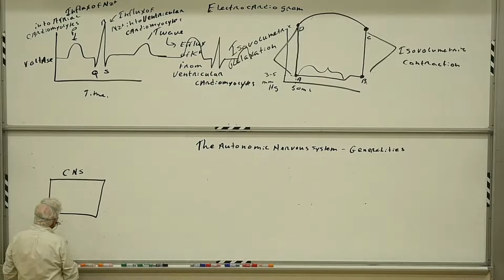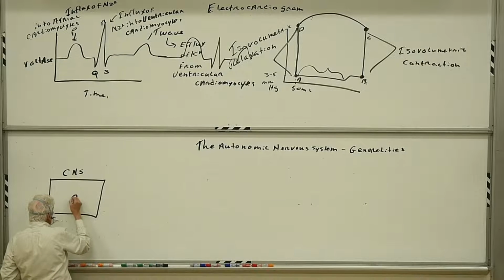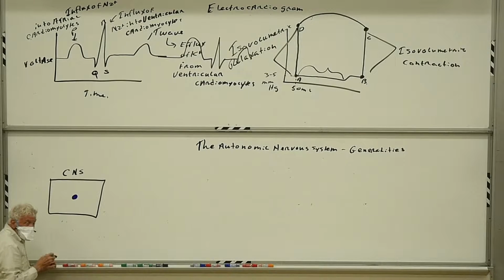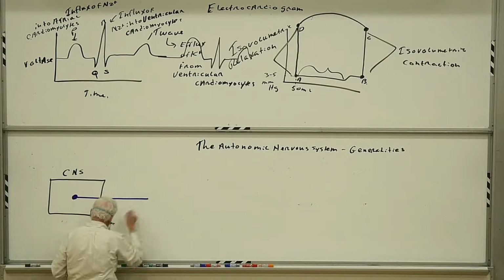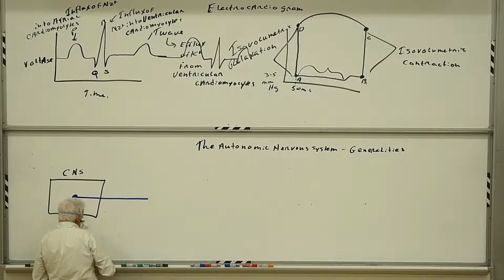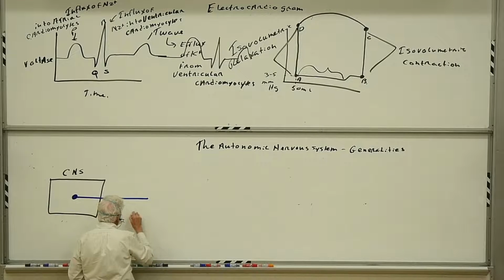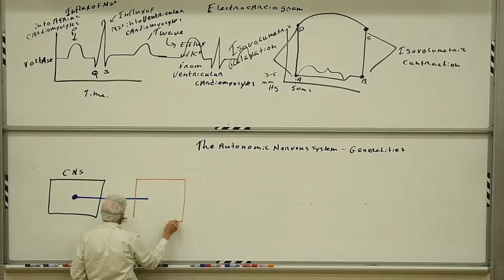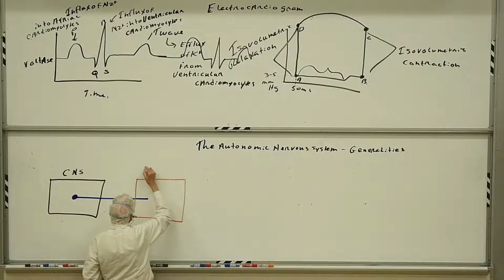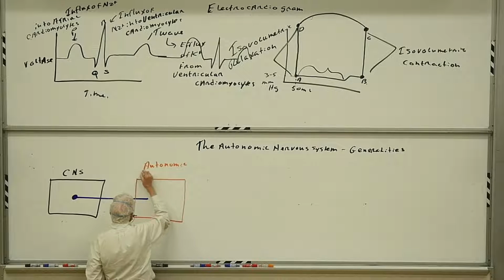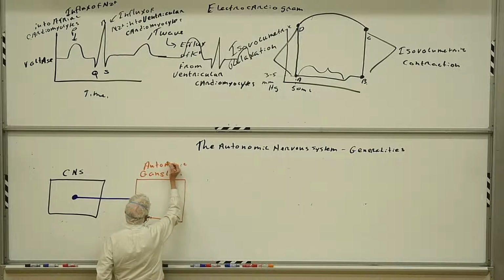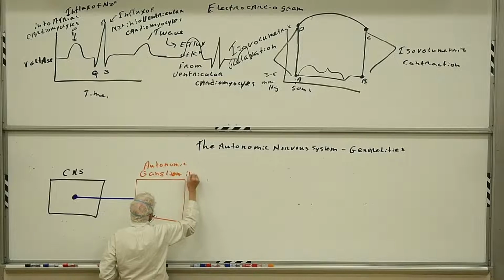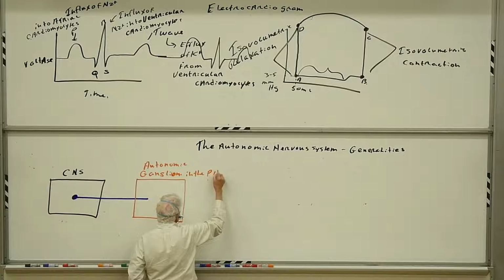And we'll see that the neuronal cell body for the autonomic nervous system is in the central nervous system, and it sends a process out in the periphery. That links to another box. This box is going to be an autonomic ganglion in the peripheral nervous system.